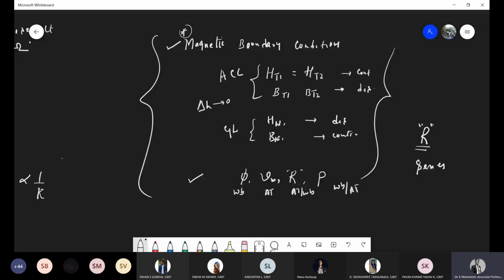We'll apply this R to a series magnetic circuit and understand what happens to this R. These are the two things left out in this module, and we shall go to the fifth module in the coming sessions after completing this.